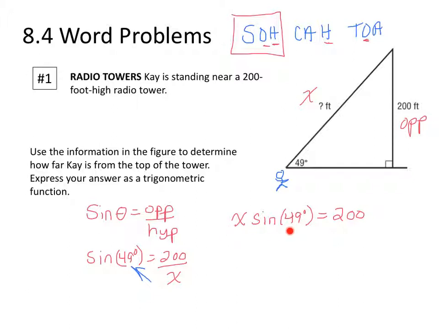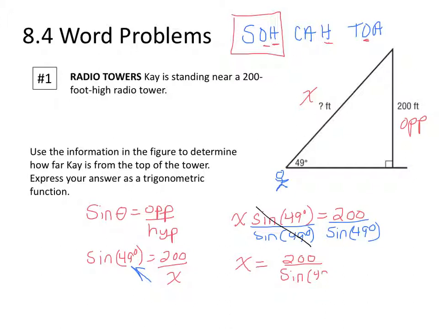We want to isolate x, and x is currently being multiplied by the sine of 49 degrees, so we're going to divide by the sine of 49 degrees, and whatever we do on one side of the equal sign we have to do on the other. And so we get these canceled, and we have x equals 200 divided by the sine of 49 degrees.